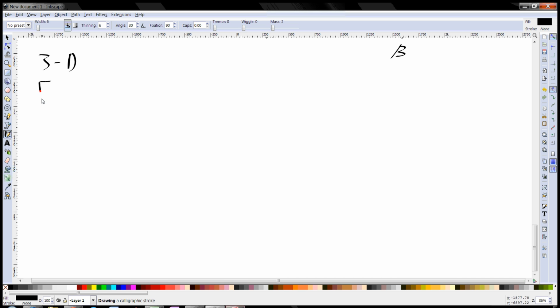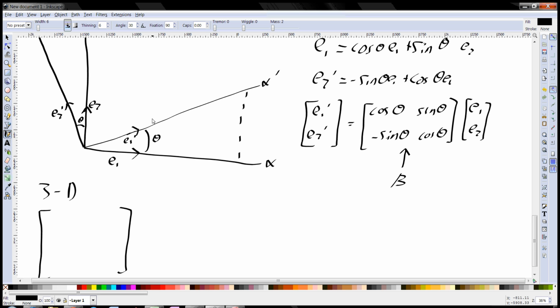And let's say you want to rotate, just like previously we have rotated up an angle theta, but this was just in 2D.